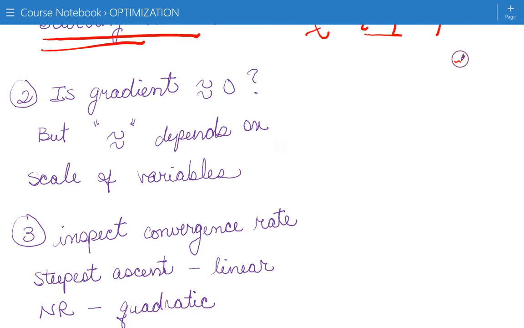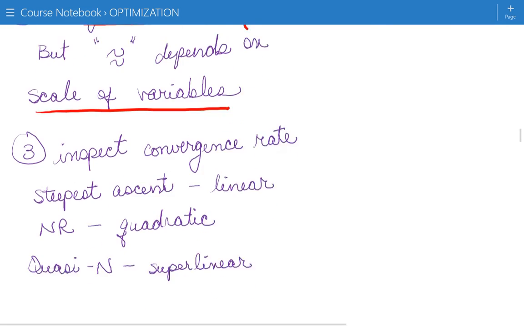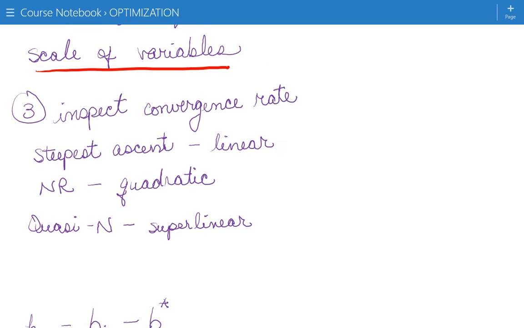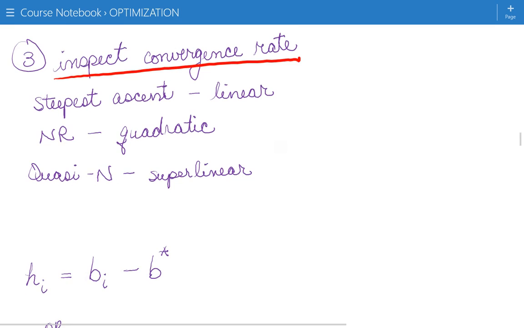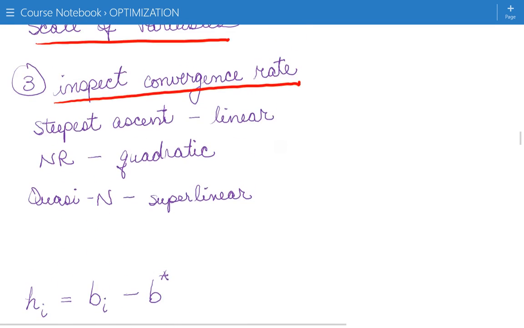You want to evaluate whether the gradient is approximately 0, but of course this depends on the scale. And you want to look at the convergence rate. The convergence rates, which I will explain in a bit, are predictable. They come directly from the kinds of algorithms.